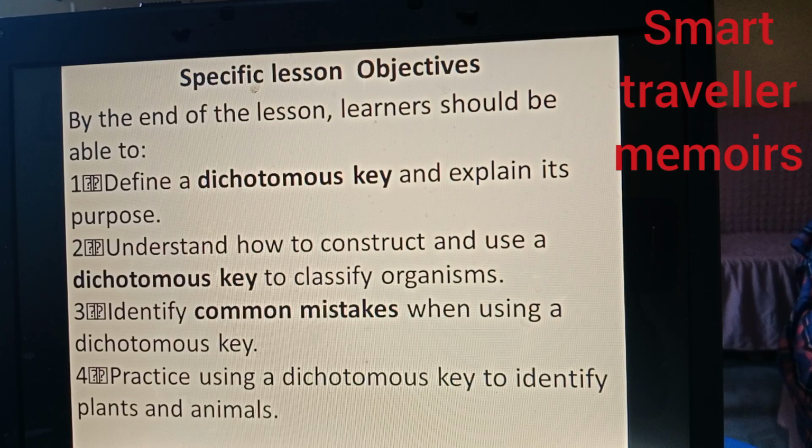Understand how to construct and use a dichotomous key to classify organisms. 3. Identify common mistakes when using dichotomous key. 4. Practice using dichotomous key to identify plants and animals.